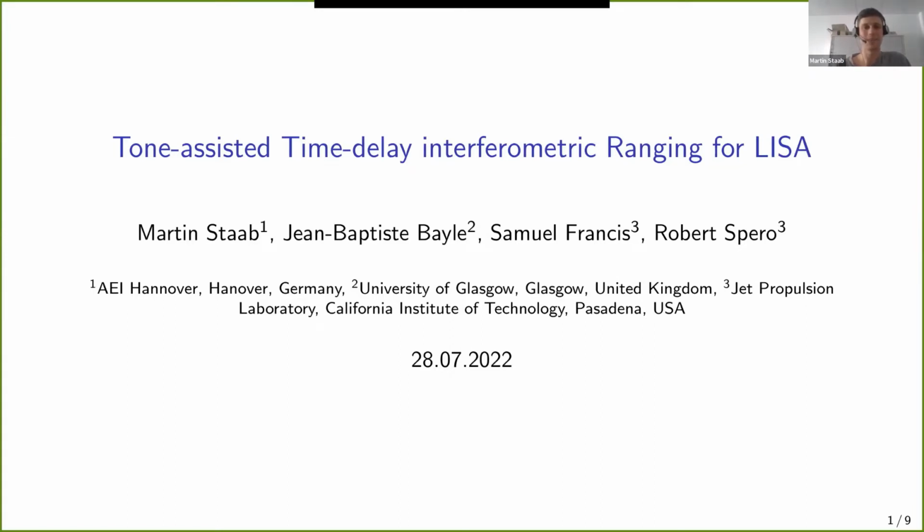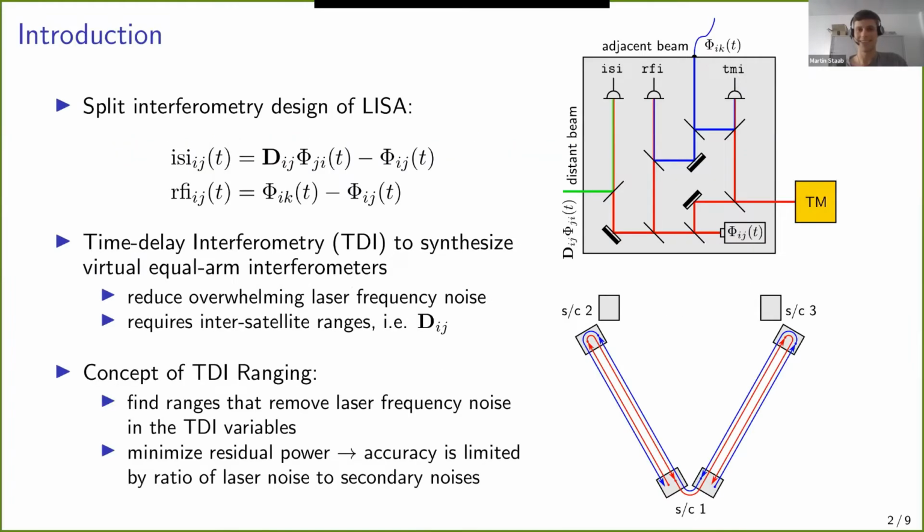So I will be talking about TDIR, which was already mentioned by Quentin earlier, and especially about the tone-assisted variant of that, which we came up with together with Jean-Baptiste, Sam, and Bob. I also have an introduction slide for TDI, but I will make it quick. Basically, LISA is designed such that we only have one-way measurements.